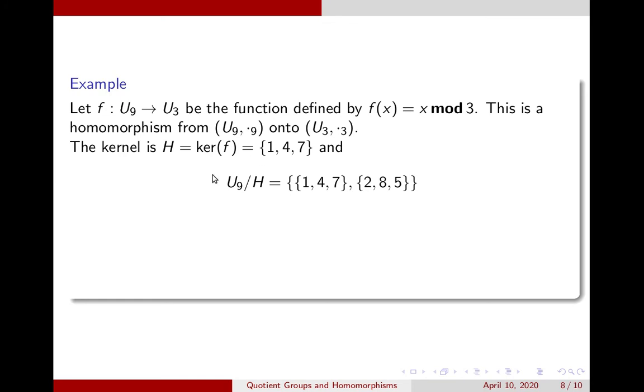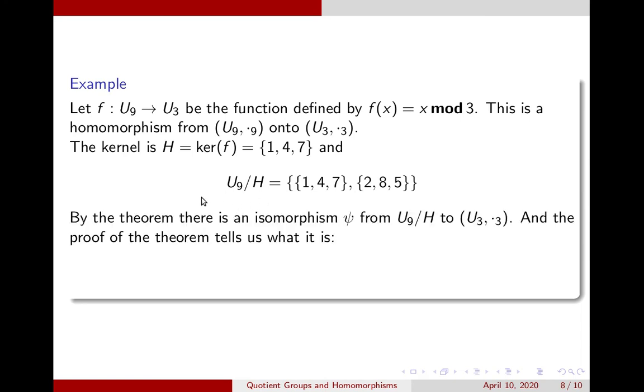Okay, and the quotient group consists of the right cosets of the kernel. So there is the right coset H times 1, and there is the right coset H times 2. Two right cosets. By the theorem, there is an isomorphism psi from the quotient group to U3. And the proof of the theorem tells us what it is.